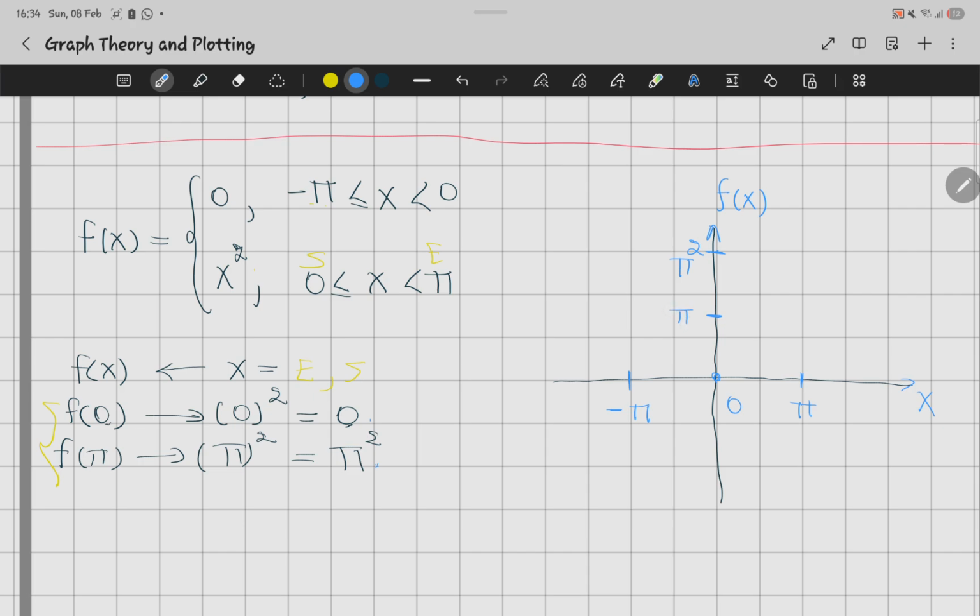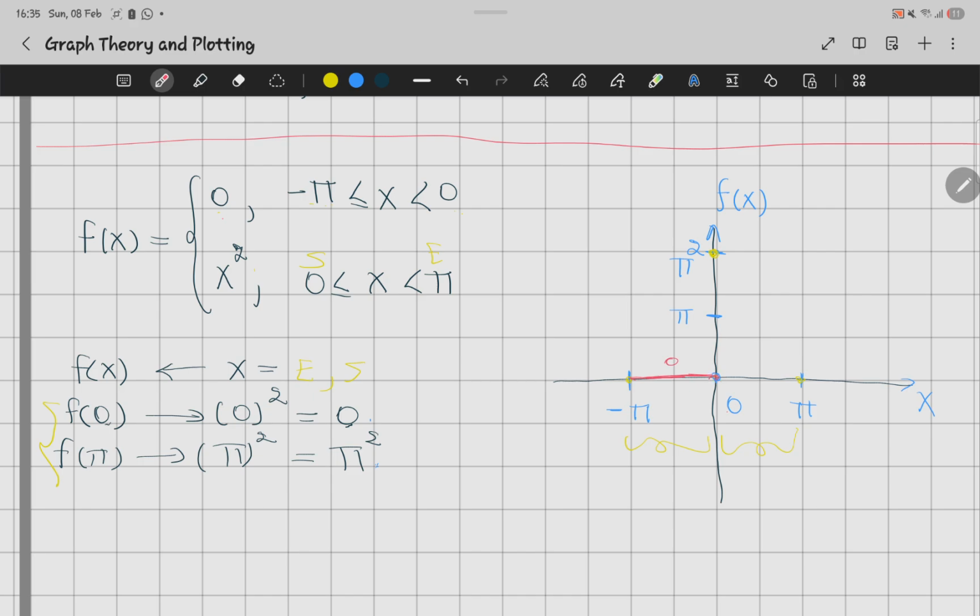But our main focus is not that, because we use pi to represent this. The first piece is between negative pi and 0, and the second piece is between 0 and pi. The amplitude between negative pi and 0 is actually 0, so we're going to have a 0 here, since the amplitude equals 0 between negative pi and 0.